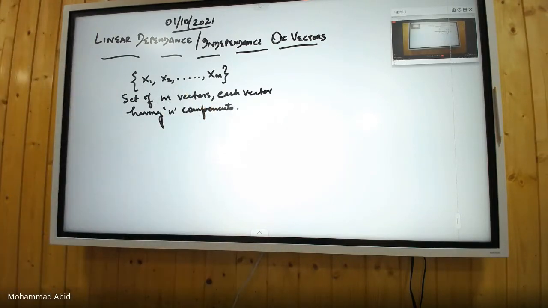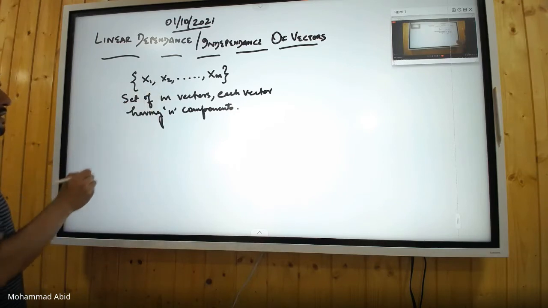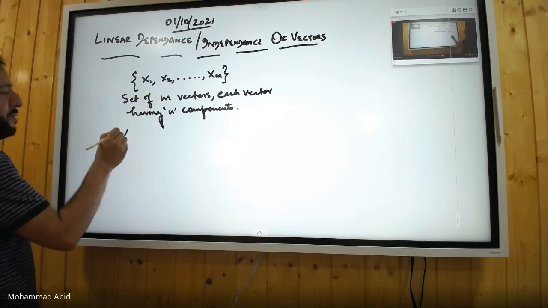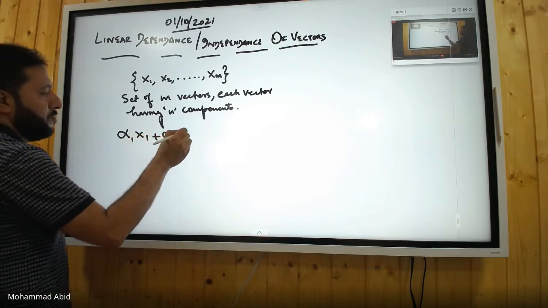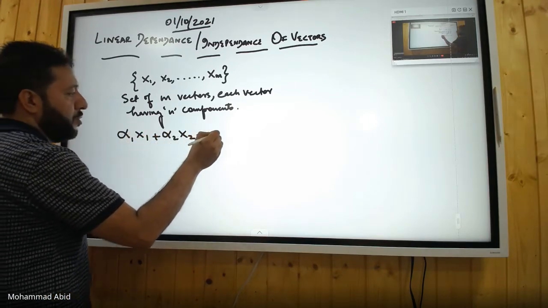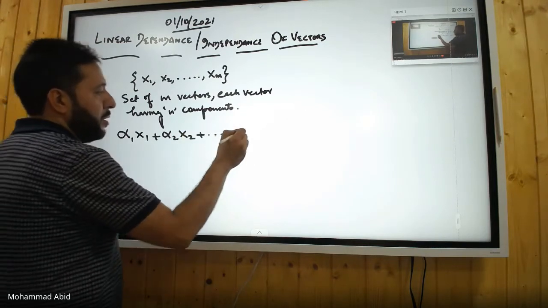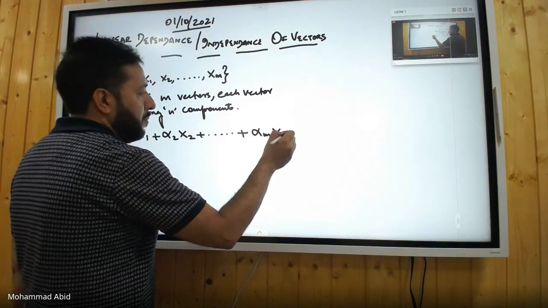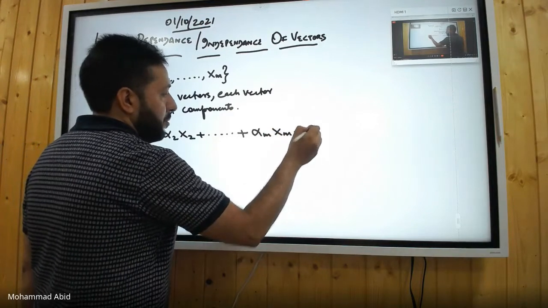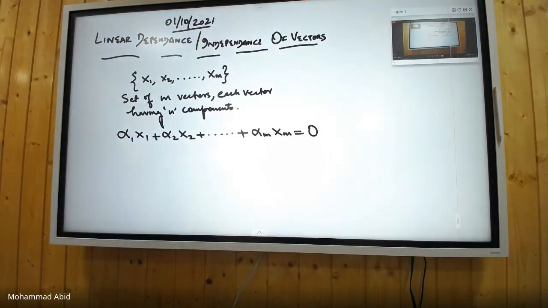In order to test these vectors for linear dependence or independence, we define the linear combination through real scalars: alpha 1 x1 plus alpha 2 x2 plus so on, plus alpha m xm equal to 0.